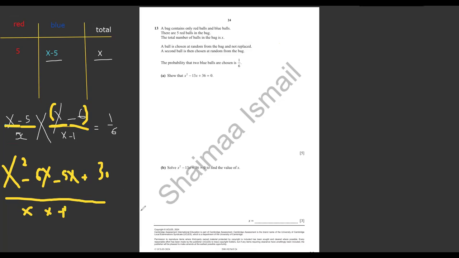Okay. X minus 1 here. So all this equals 1 out of 6. So let's do this.